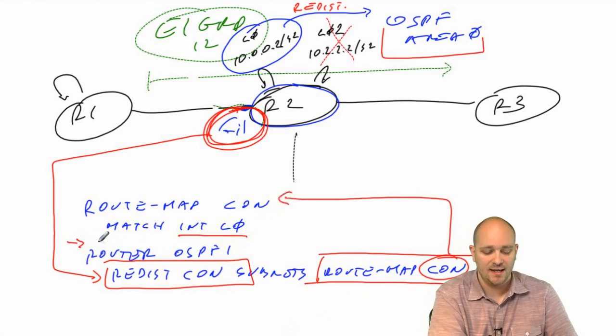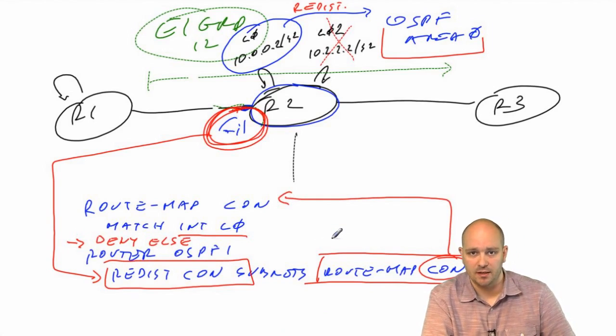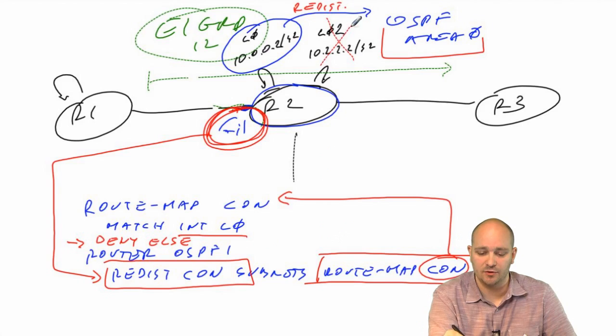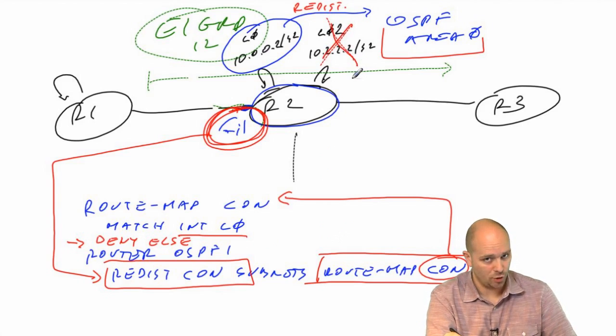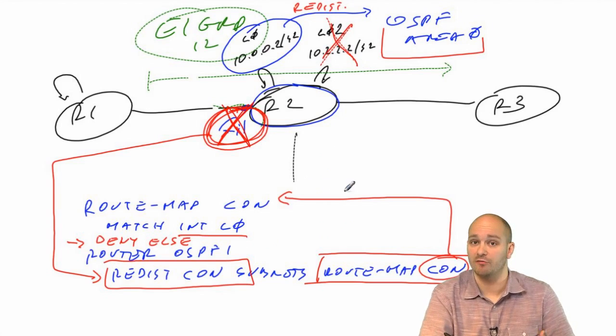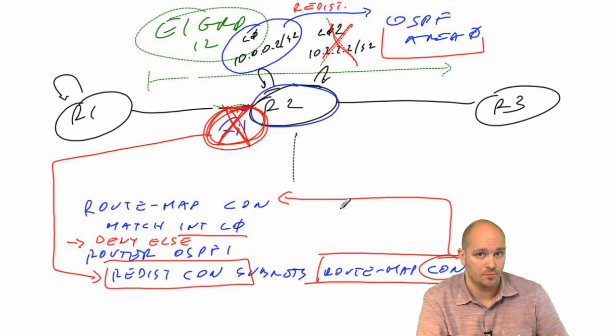At the end of this, there is an implicit deny everything else statement in the route map, which means that this interface here, loopback 2, will not be redistributed, but neither would gigabit 1 because we have not allowed it to be redistributed.